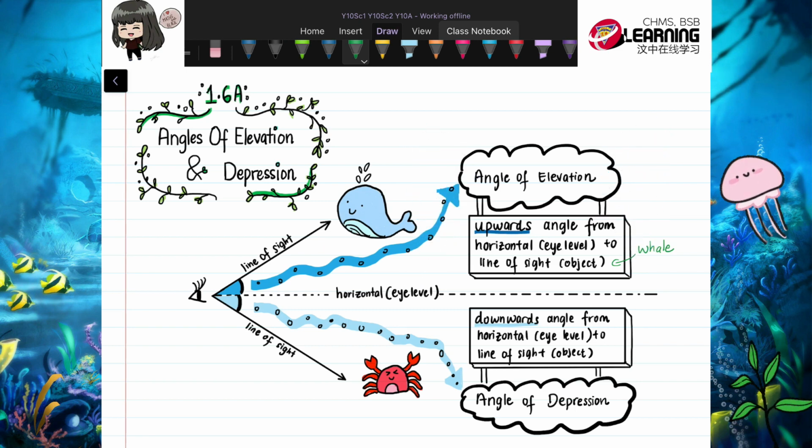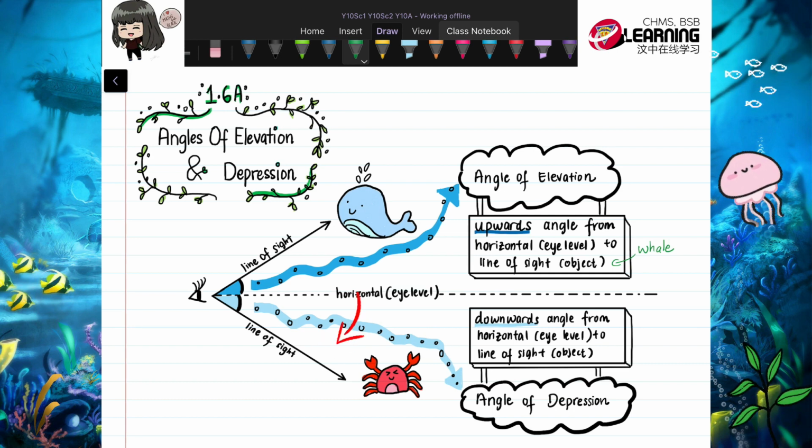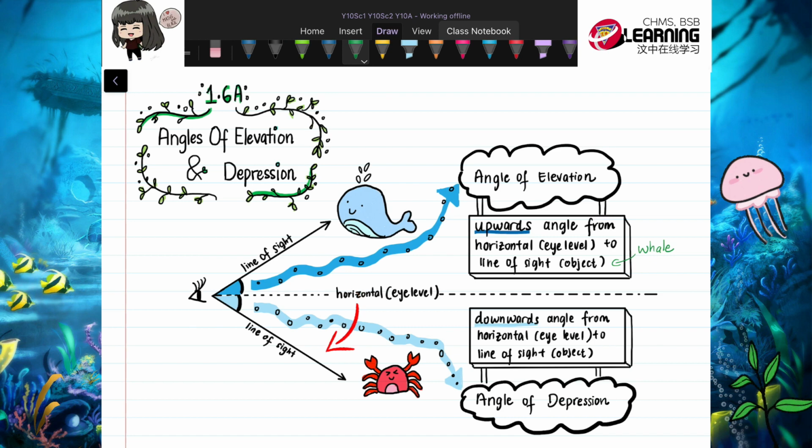And then you look at the crab now, the crab there, cute or not. From your horizontal eye level, you look down. When you look down, it's not that you are depressed. You just look all the way down at the crab. When you look at the crab from your eye level, you form an angle.